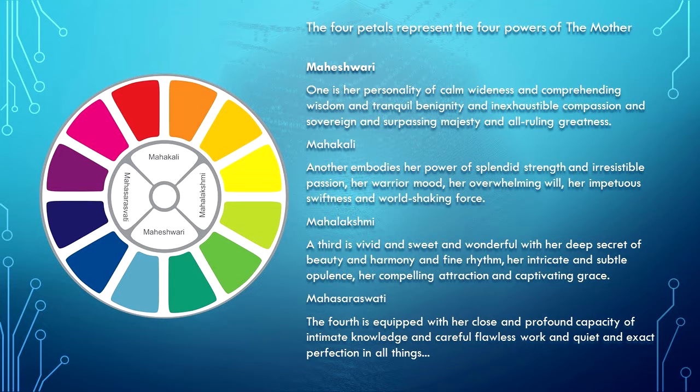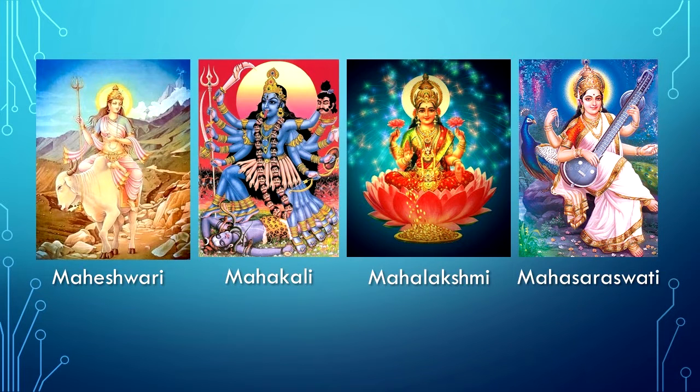If you look at these 4 Mahashaktis in Indian tradition, we could see them in these beautiful pictures. Maheshwari is always withdrawn to the Himalayas. She is the goddess who is always on the Nandi bull, the bull of Shiva, because she represents Shiva, basically, that vastness, withdrawn, high altitude of our existence, vastness of the divine being.